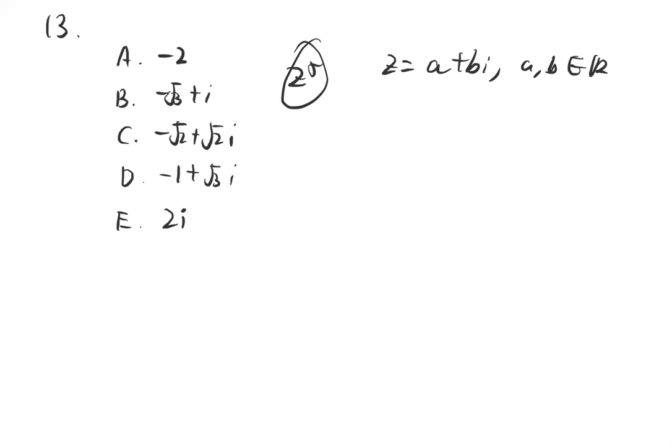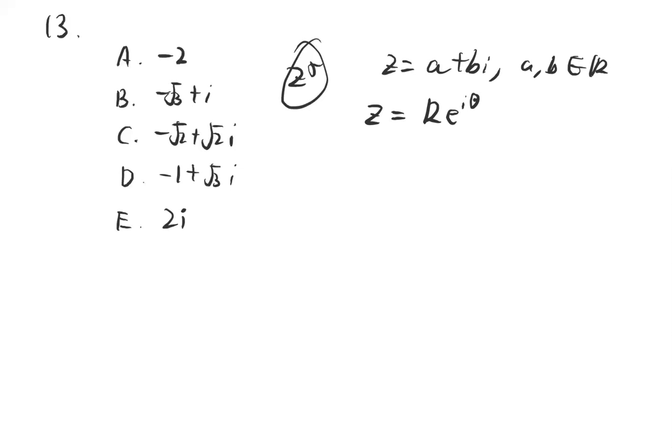There's another form called the exponential form, which is r times e to the power of i theta, where r is the modulus, which is the length of the complex vector, and theta is the angle. So we can express complex numbers in these two ways.